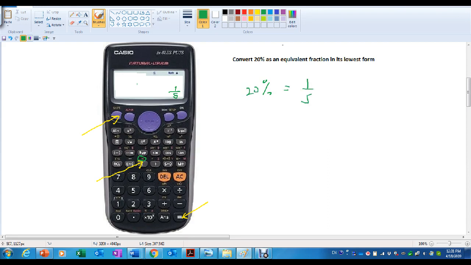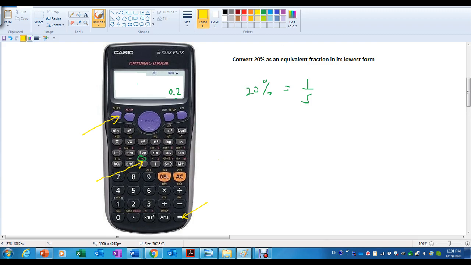But for some of you, because of the setting of your calculator, the outcome might be something like 0.2. That's a decimal number, not an equivalent fraction. So what are we going to do to change that 0.2 into the equivalent fraction?